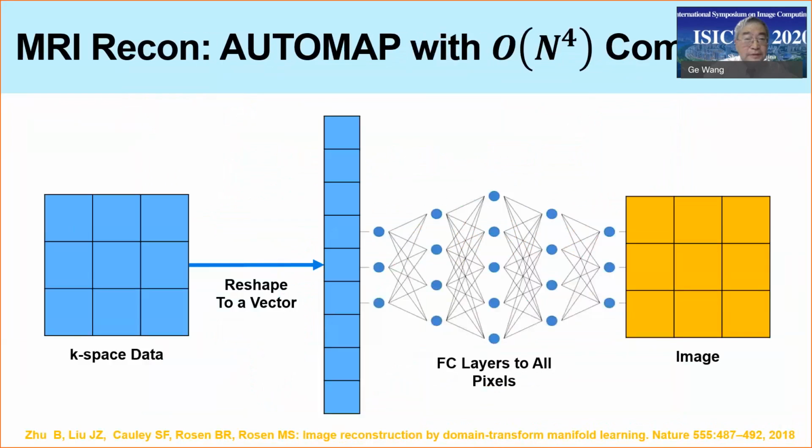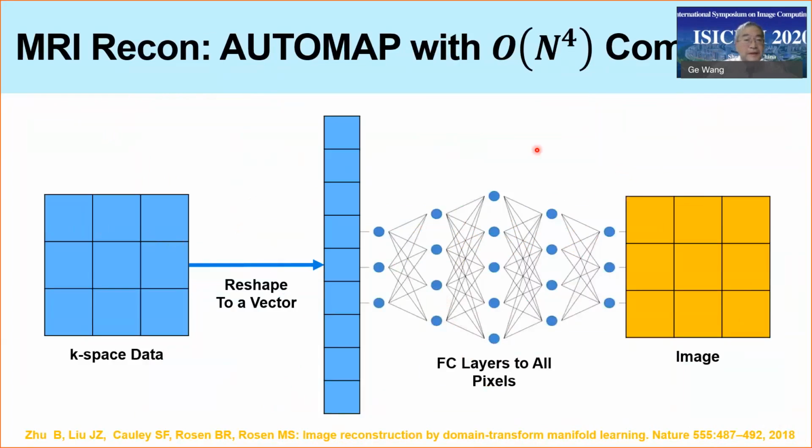End-to-end training, mapping tomographic data to images, is a very hot topic. Like in this Nature paper, we could use k-space data as input and just get the MRI reconstructed image.